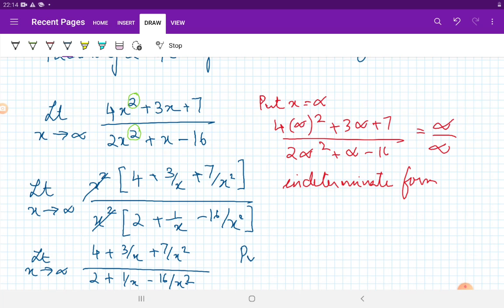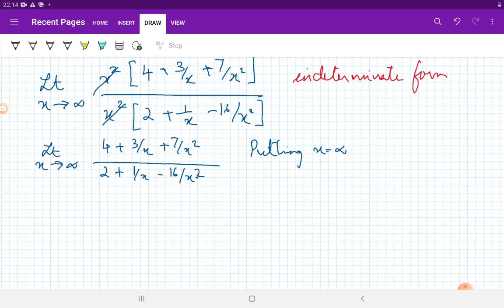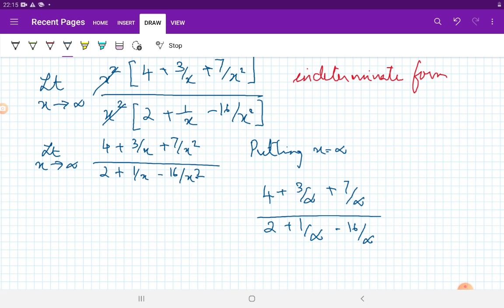Now, putting x equals infinity, I get the function as 4 plus 3 by infinity plus 7 by infinity square, and in the denominator I get 2 plus 1 by infinity minus 16 by infinity square.